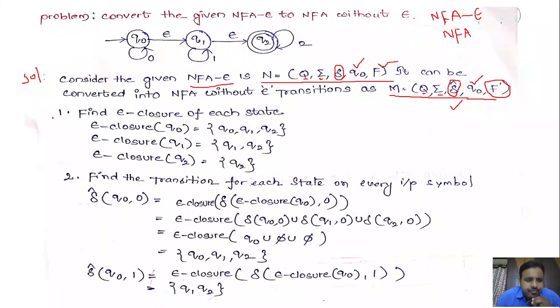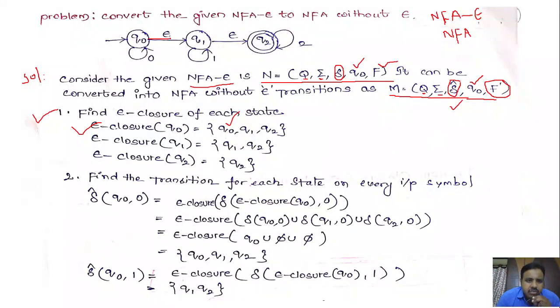Okay, now step number one. First we need to compute the epsilon closure of each state. In the previous session, we saw how to compute the epsilon closure of a state. For this diagram, first compute the epsilon closure of Q0. First write down that state itself, Q0, then find the transitions from Q0 on epsilon.